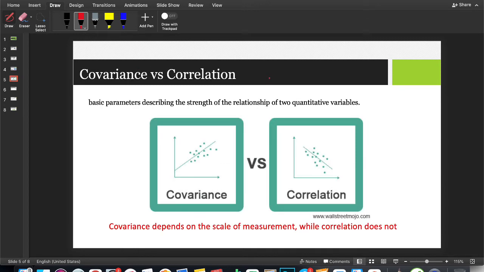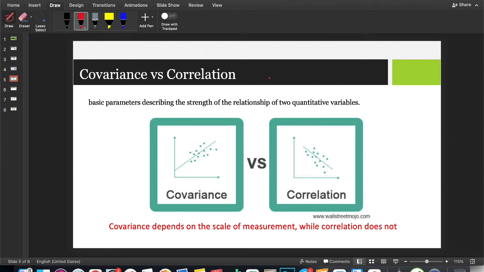Next is the difference between covariance and correlation. For two quantitative variables, the basic parameters describing the strength of the relationship of these two variables are covariance and correlation.